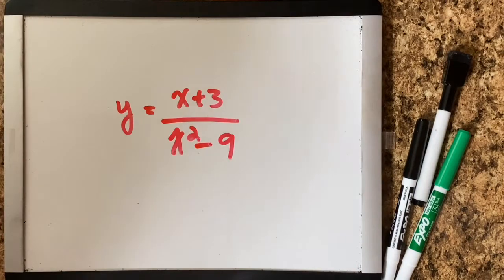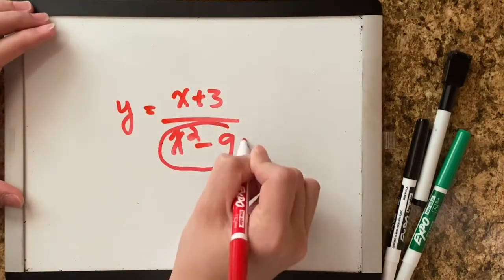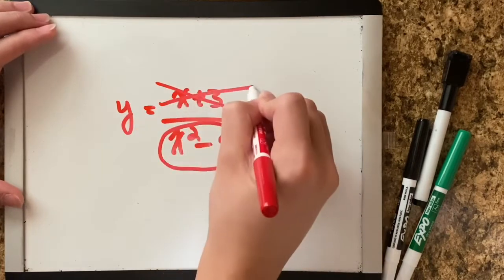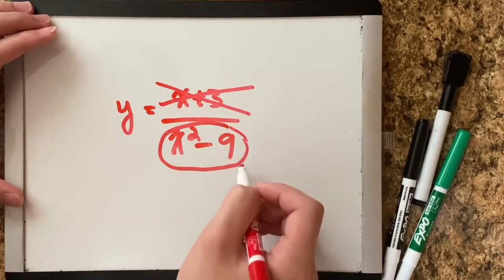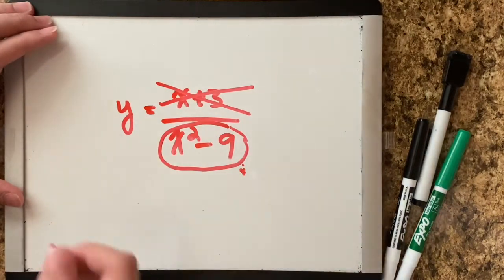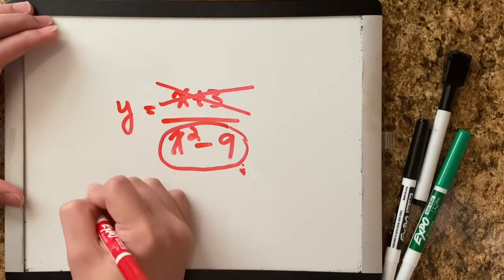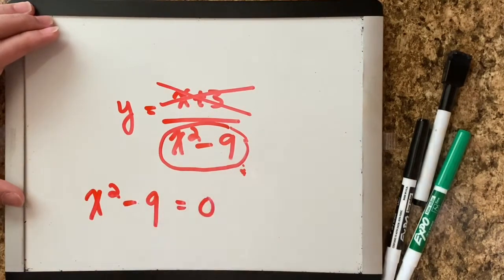For vertical asymptotes, we must look at the denominator. So go ahead and just ignore the numerator. Look at this equation right here, x squared minus 9. What you want to do right now is set that equal to 0. So x squared minus 9 equals 0.